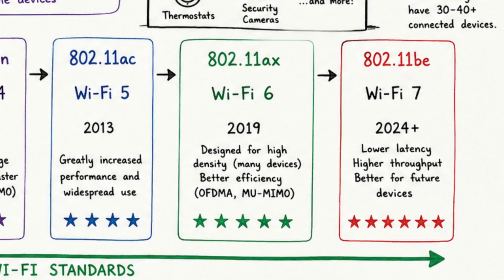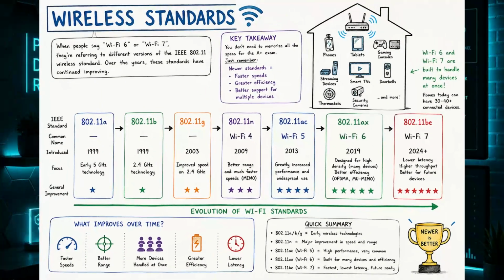The newest standard is Wi-Fi 7, officially called 802.11be. It offers even lower latency, faster throughput, and better performance for future devices. For the A+ exam, you don't need to memorize every technical specification. Just remember that newer technologies generally mean faster speeds, greater efficiency, and better support for multiple devices.